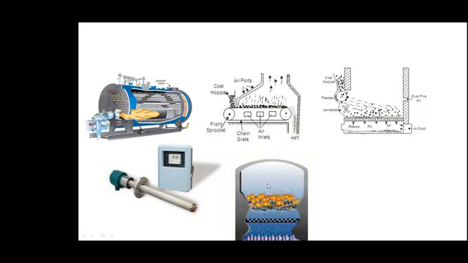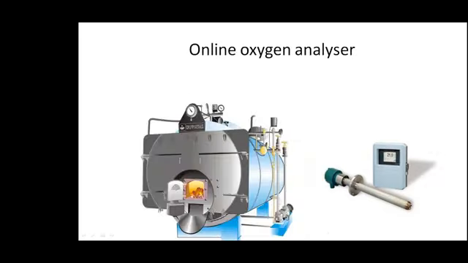Turbulence creates perfect combustion conditions, so with minimum excess air, you can have complete combustion. So these are types of boilers. And this is an oxygen analyzer, which is important for measurement of efficiency to assess the performance.